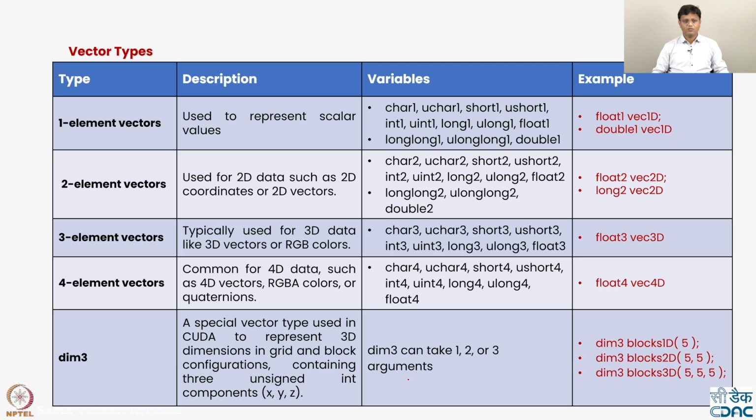It supports 1 element vector, 2 element vector, 3 element vector and 4 element vector. What is the meaning of these? If you see any real life problem, the data associated with that problem can be 1 dimensional, 2 dimensional, 3 dimensional, or 4 dimensional.